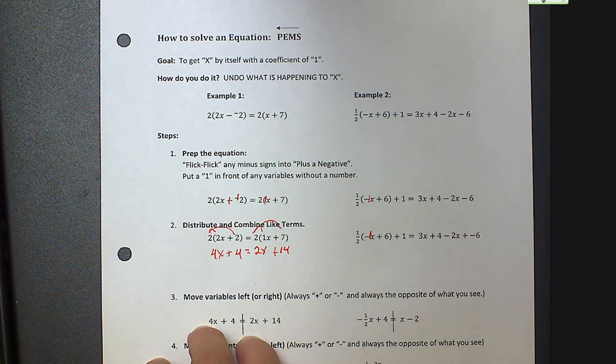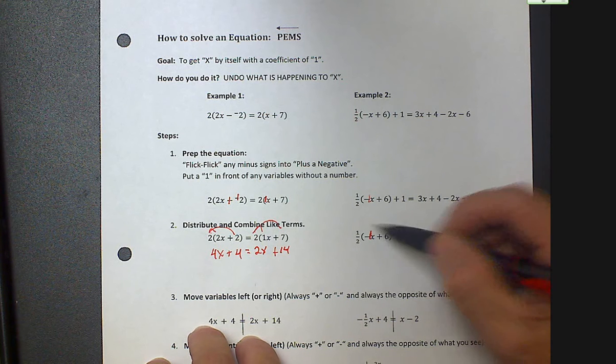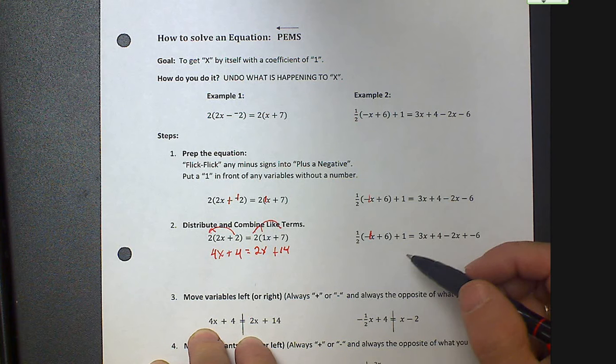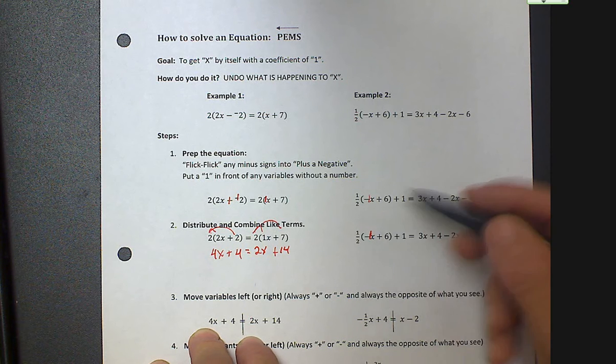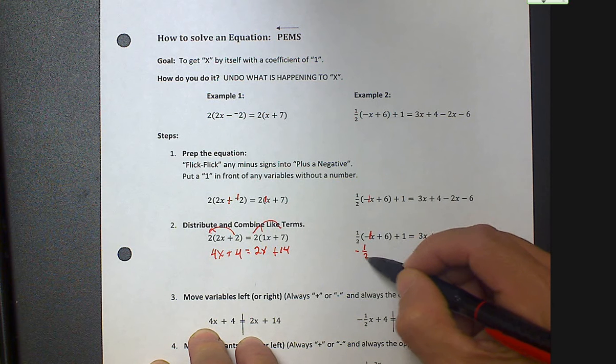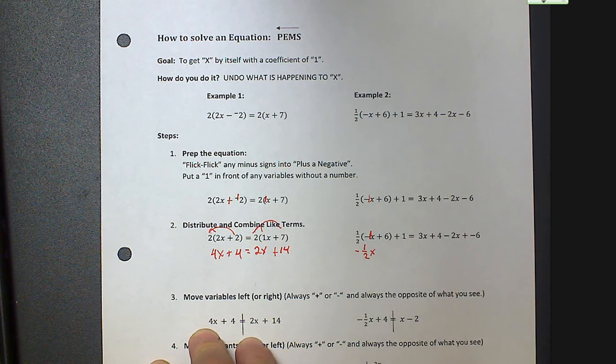Perry, what am I going to get right here, this first term on the right side? Minus 1/2x. Negative 1/2x. Sienna, what else am I going to get right there?